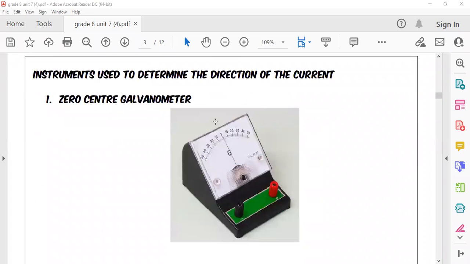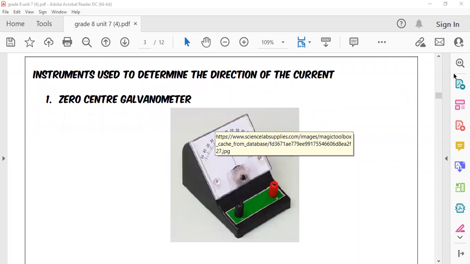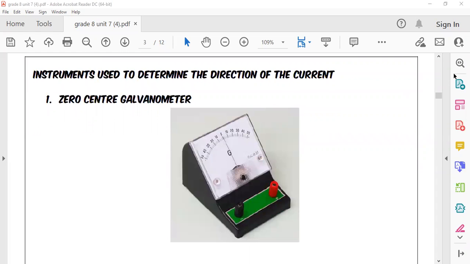Now, what are the instruments used to measure electric current? Zero center galvanometer and zero center ammeter.